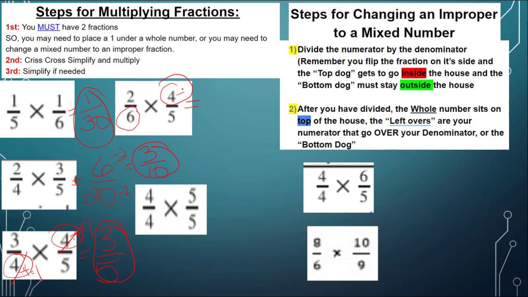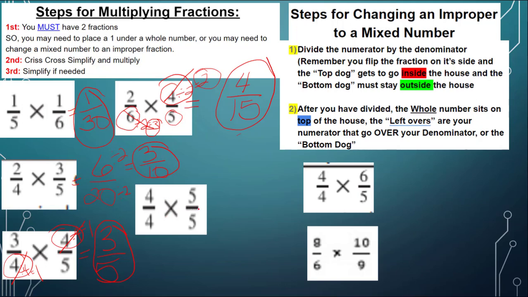So 4 divided by 2 equals 2. 6 divided by 2 equals 3. So now I can go ahead and multiply. 2 times 2, 4. 3 times 5, 15. Step 3, let's see if we need to simplify. And we don't. That is simplified already, so that's my answer.